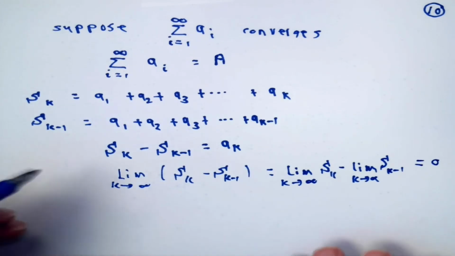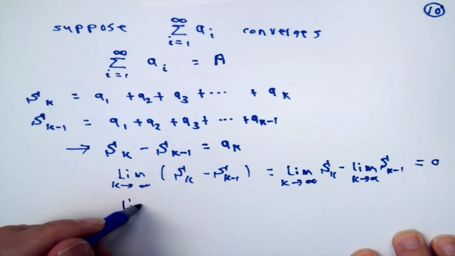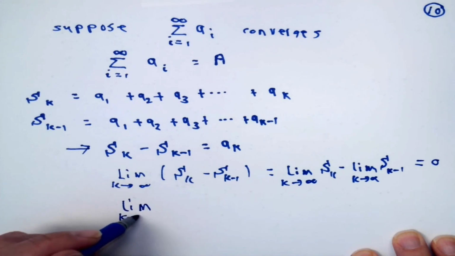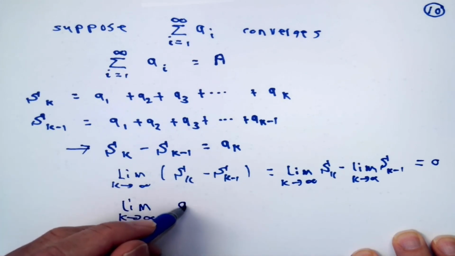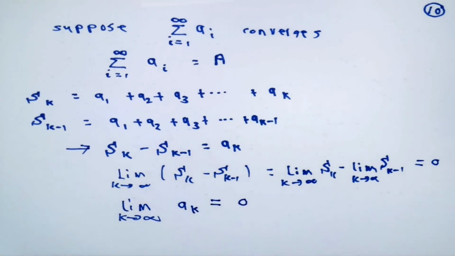But on the other hand, another name for s sub k minus s sub k minus 1 is a sub k. So this tells me that the limit, as k tends to infinity, of a sub k must be 0.